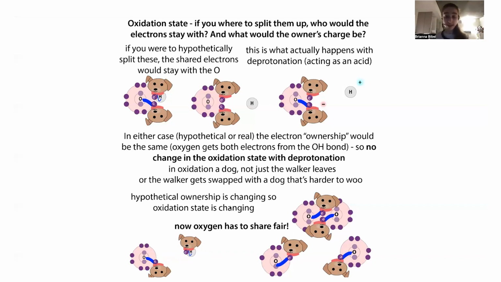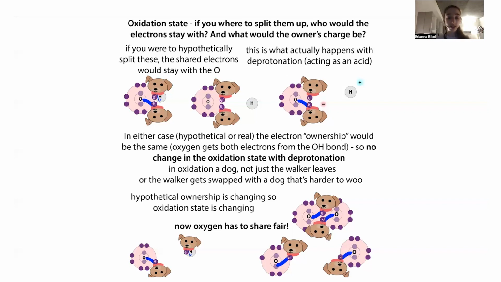If that oxygen was then to hook up with another oxygen, now it's going to have to share fairly. When we think about molecular oxygen, it's kind of confusing because it's not just a single bond holding them together. But you can think about these two oxygens as having to share fairly.